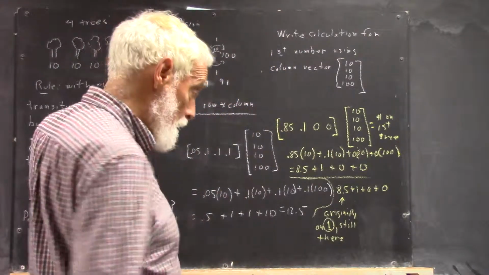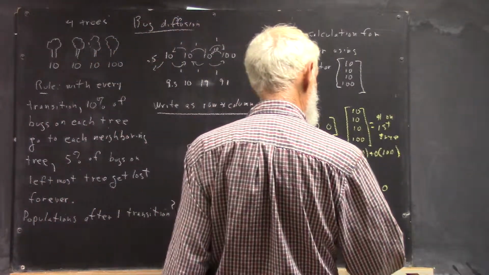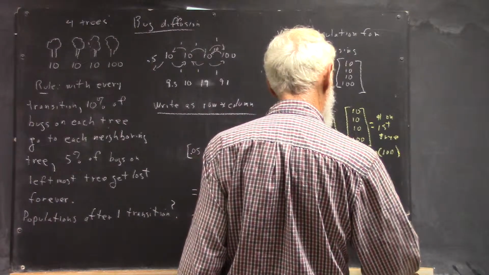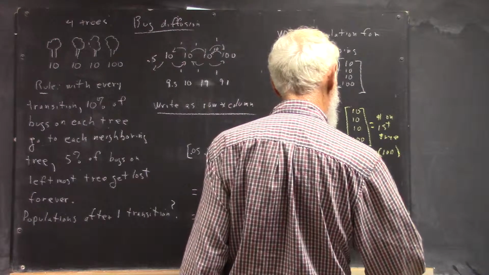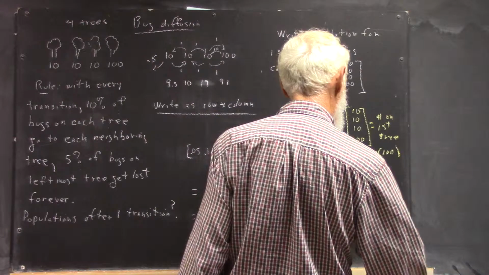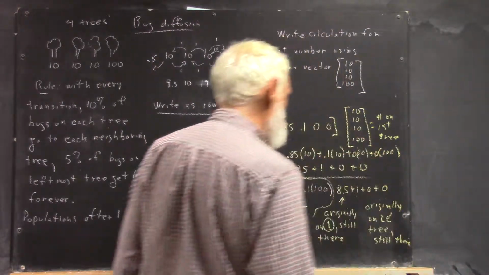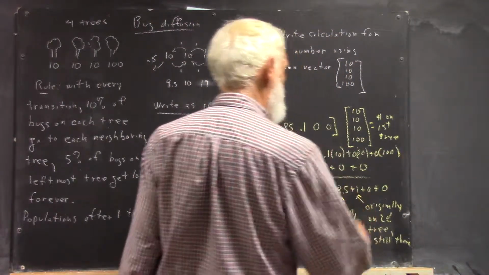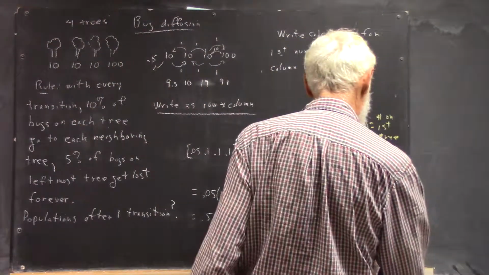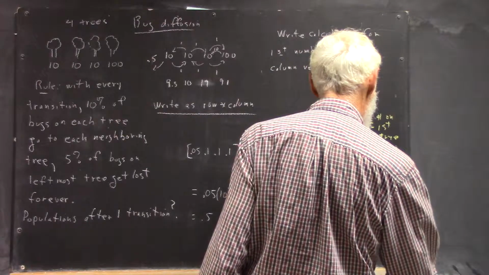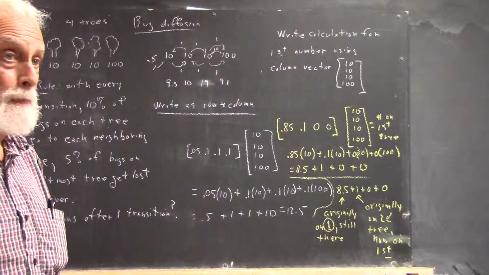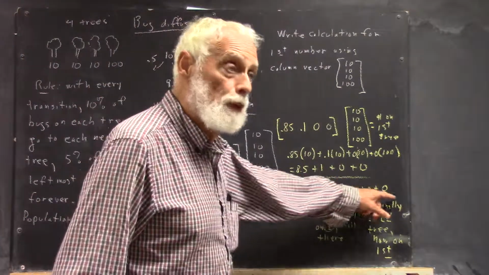Now this 1 was originally on the second tree. And it's not still there, now on the first. And then the zeros, you know what those mean.